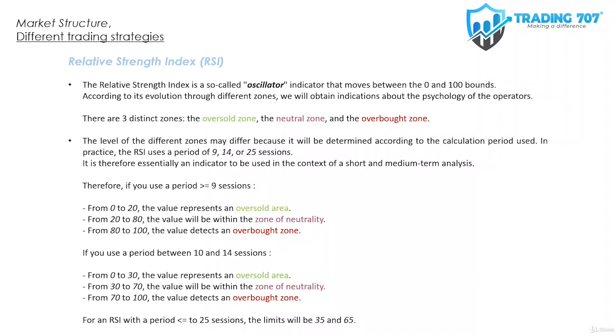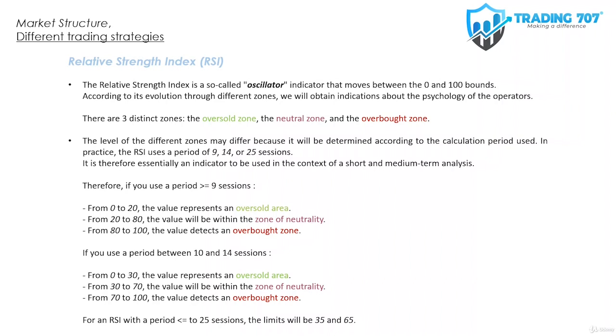The level of the different zones may differ because it will be determined according to the calculation period used. In practice, the relative strength index uses a period of 9, 14, or 25 sessions. It is therefore essentially an indicator to be used in the context of a short and medium-term analysis.